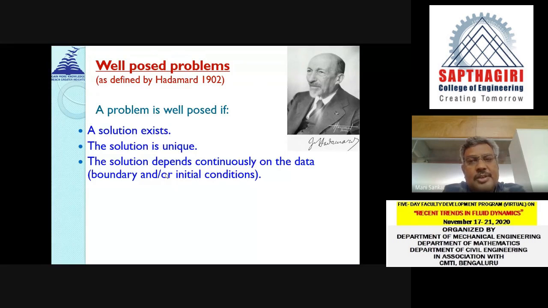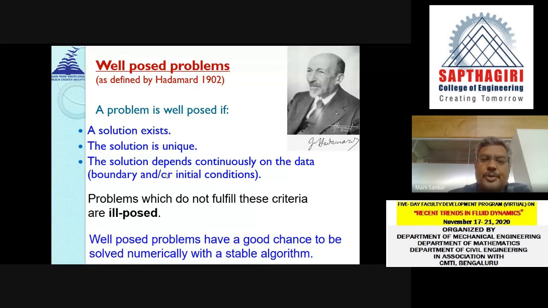And it's not just that the solution exists, the solution must be unique, which means I cannot have more than one solution for that particular problem. And the solution should also depend continuously on the supplementary data, that is, the initial or boundary conditions. So if these three conditions are satisfied for a mathematical problem, then we say that the problem is well posed, otherwise it is called ill posed.